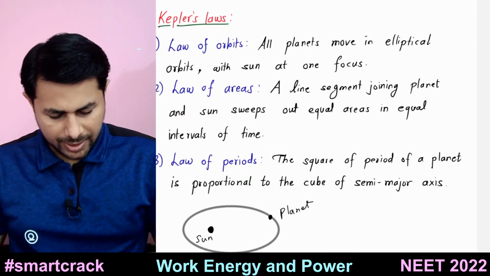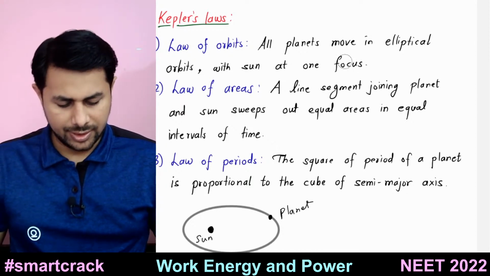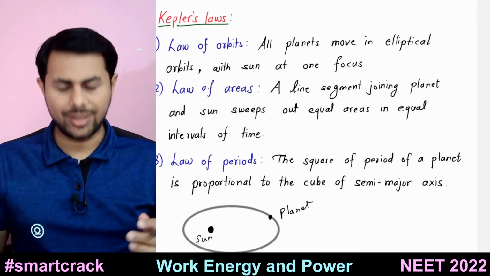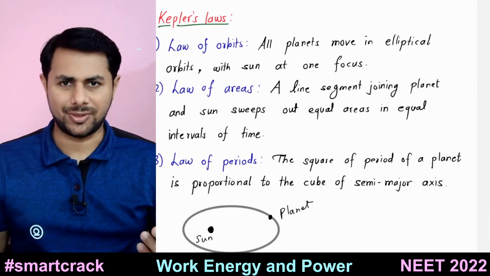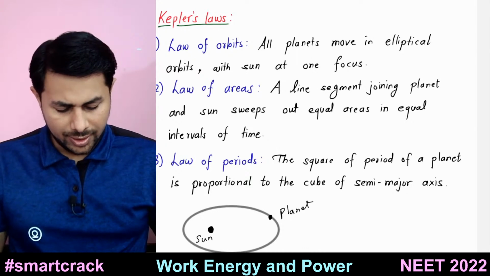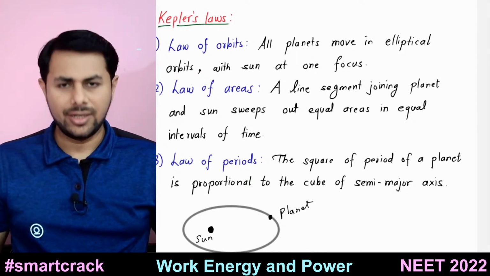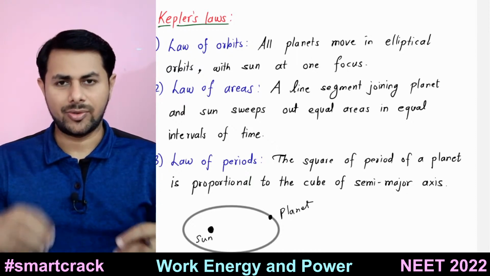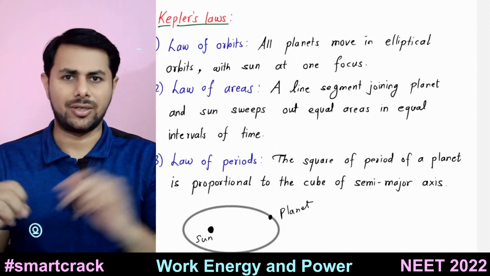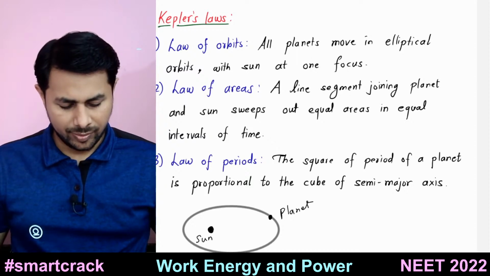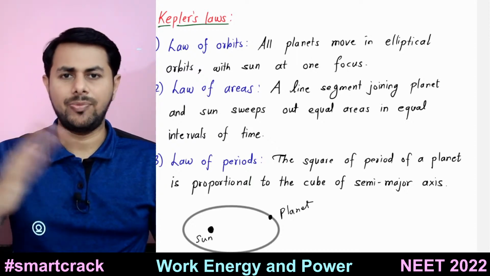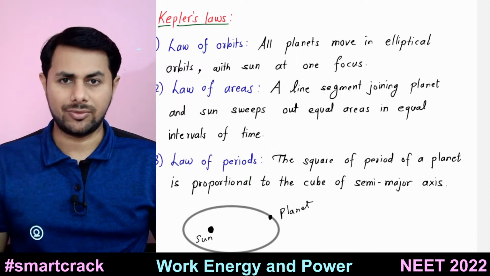So every planet revolves around the sun in an elliptical orbit with sun at one of the focus of that ellipse. Okay, then next law is law of areas. So law of areas says that if you join a line segment from position of sun or center of sun to the center of planet, then that line segment will sweep out equal areas in equal intervals of time.